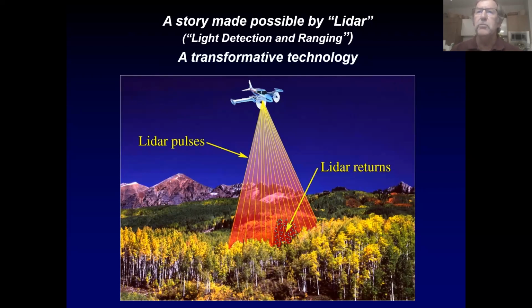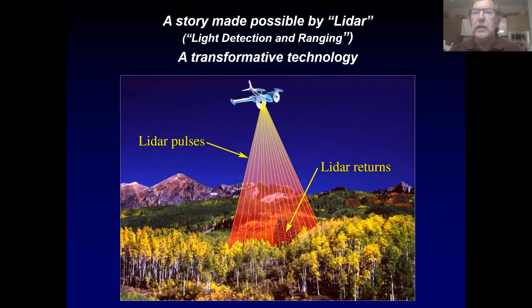It didn't really come on board until the new millennium. It can be operated from the ground, but the Lidar imagery that we typically use is acquired from aircraft. The aircraft is equipped with an active sensor that allows a pulsed laser beam to be emitted from the instrument down to the Earth's surface.